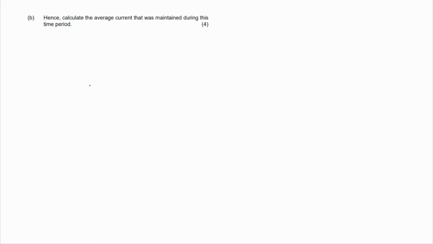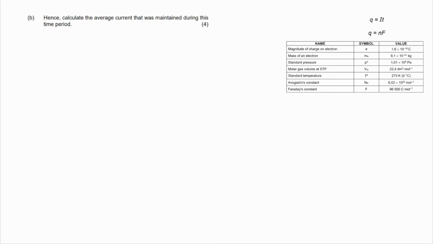Now for B, they say hence calculate the average current that was maintained during this time period. So we need to decide which formulas we're going to use, and these are given on our formula sheet. I've also included the constants here because we're going to need Faraday's constant, which is that value there. They say we need to calculate the current, during this time period.